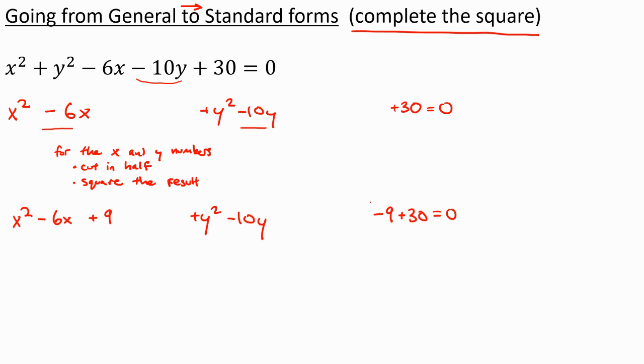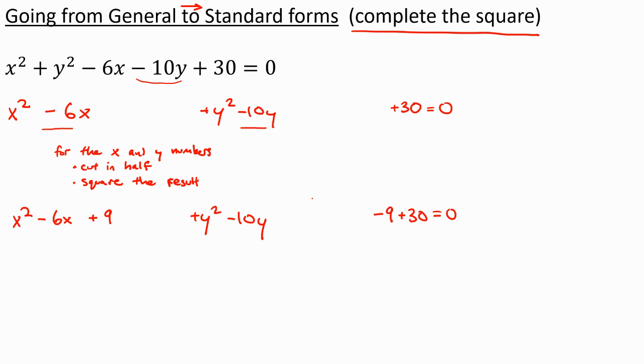Okay? I know you're thinking this is probably insane. We're doing some weird procedure by cutting in half and squaring, and then we're putting it into our equation and subtracting it back out. But notice that if I added in plus 9 and I subtracted out 9, they cancel each other, right? Plus 9 minus 9.